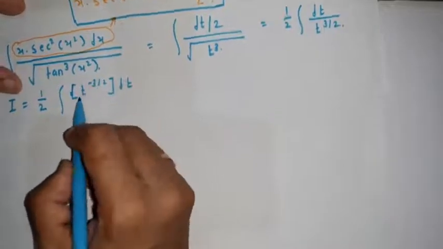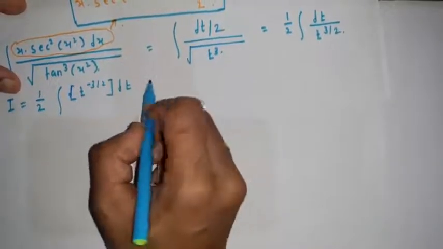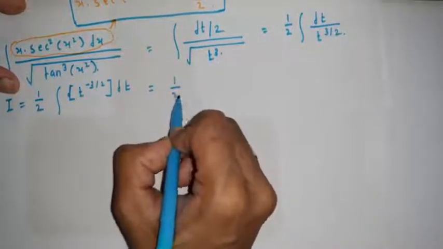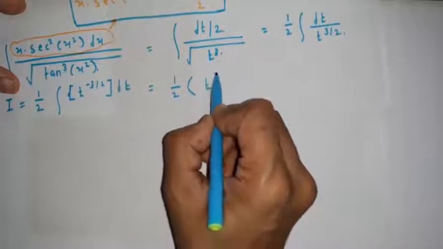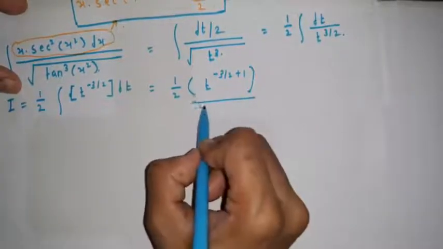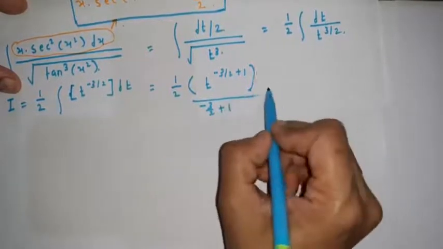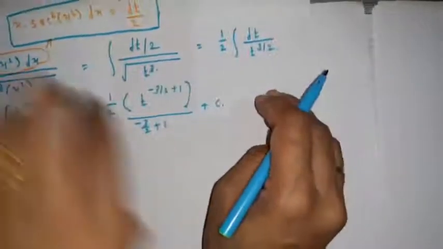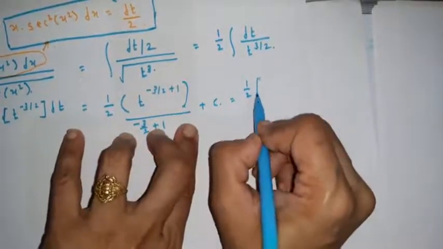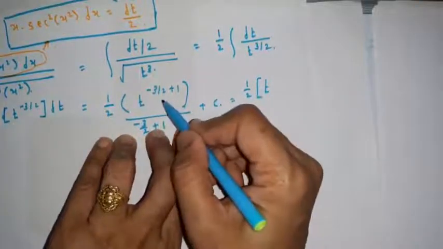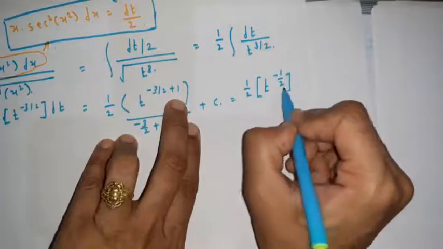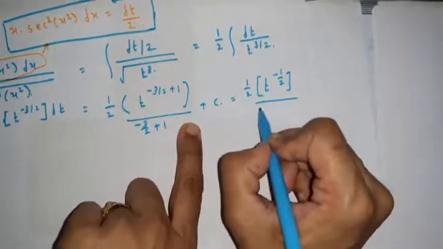We get here t raised to minus 3 by 2, and by using the x raised to n formula, that is x raised to n plus 1 upon n plus 1, this is t raised to minus 3 by 2 plus 1 upon minus 3 by 2 plus 1, plus the constant of integration c. Hence the answer is 1/2 times t raised to minus 3 by 2 plus 1, that is t raised to minus 1 by 2 upon minus 1 by 2.